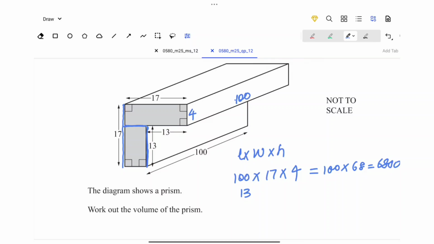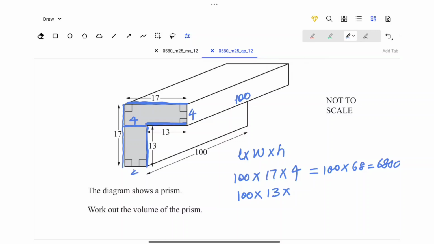The lower cuboid has length 100, the same length as both have, and height 13, and this width is again 4. See that this top line is 17, and this one here is 13, so the remaining is 4.